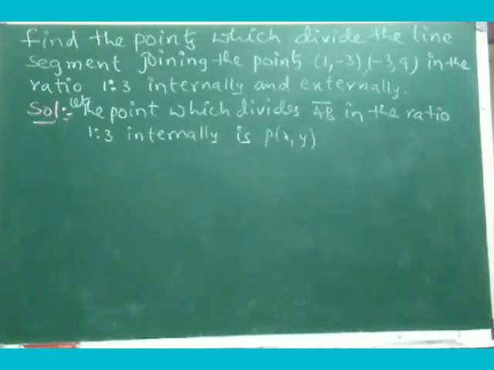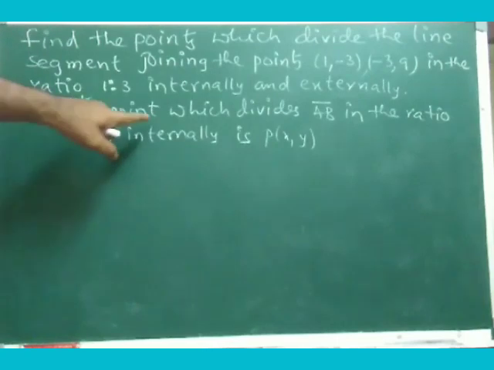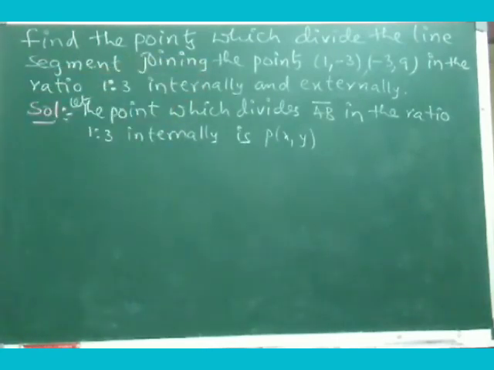So both the points we need to find out which divide in the ratio 1:3 internally and externally. Let the point which divides AB in the ratio 1:3 internally be P(x, y).